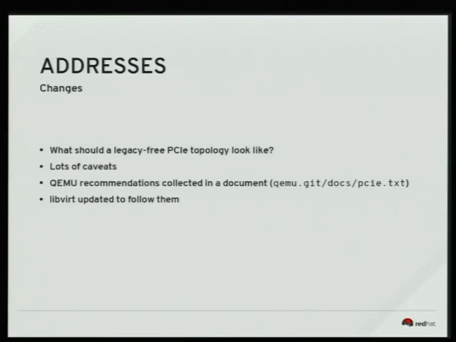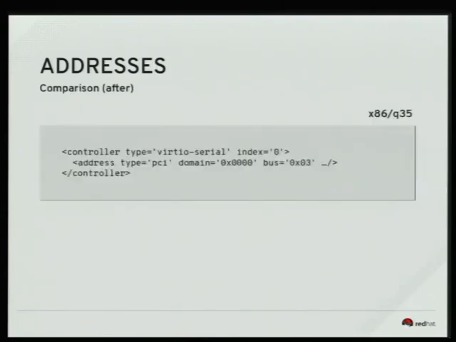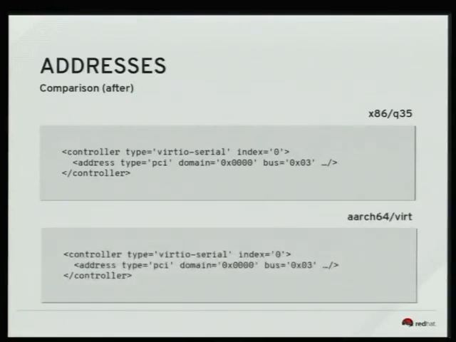And now you have this situation where this is Q35 and this is AArch64. So they are exactly the same. Now, maybe I've been lying a bit up until now, because I told you that that was a situation, all the x86 examples up until this point were actually after we implemented all these changes.